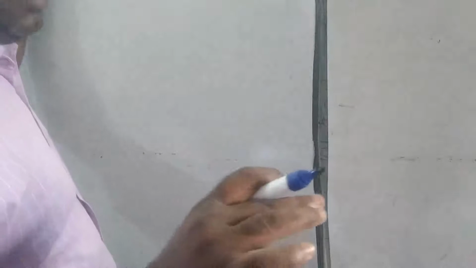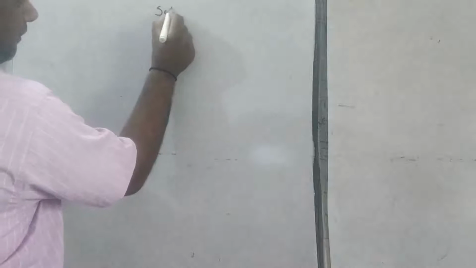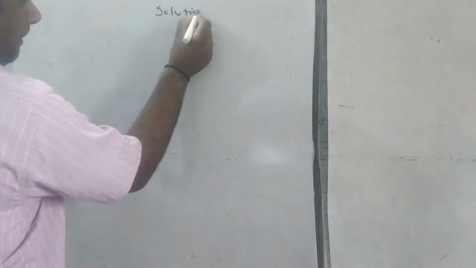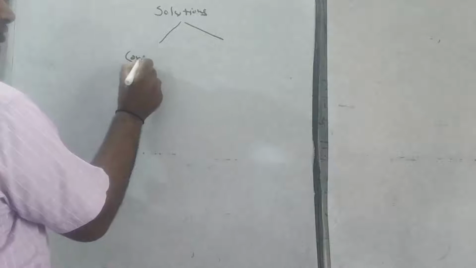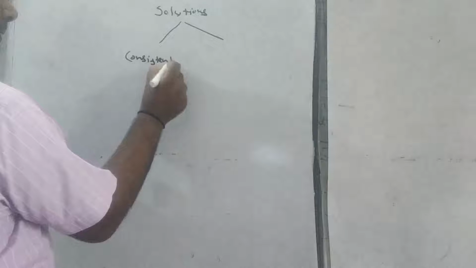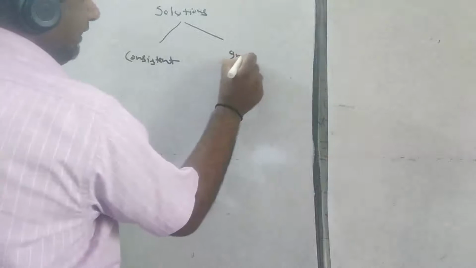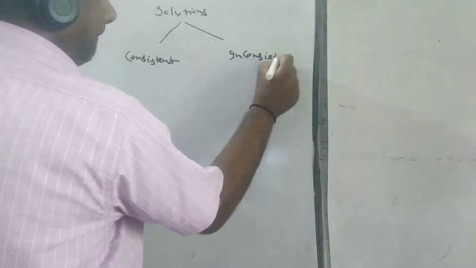So first of all, when we solve any simultaneous equations, we get the solution. Solutions are of two types. One is consistent solution and another is inconsistent solution.